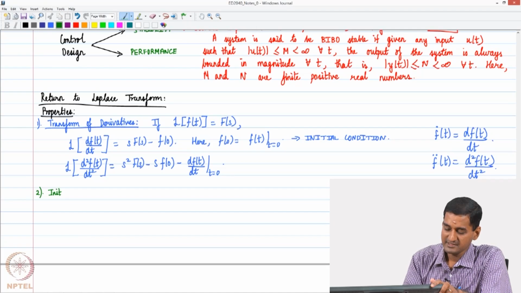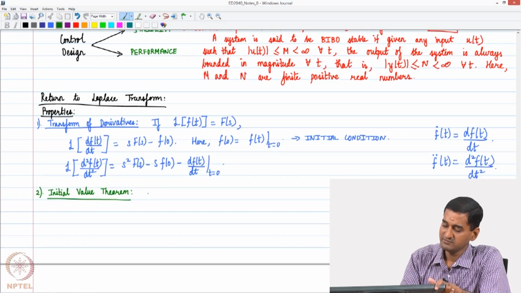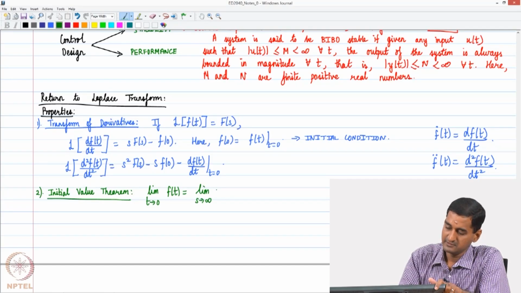The second property is what is called the initial value theorem. It essentially says that limit t tending to 0 of f of t is nothing but limit s tending to infinity of s times capital F of s.